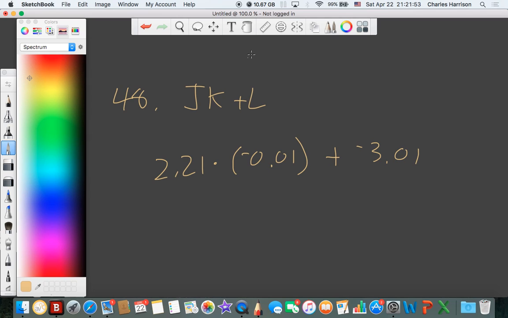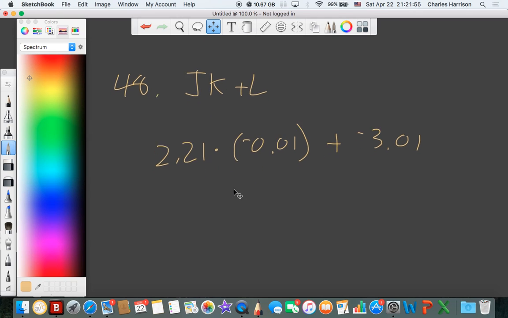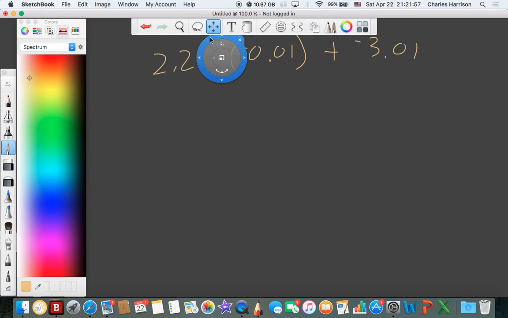All right, let's do this. Scroll up. All right. So when we times, this means times. So it's 2.21 times that negative. We'll deal with the negative in a second. 0.01. So basically, it's just 1 times all that.